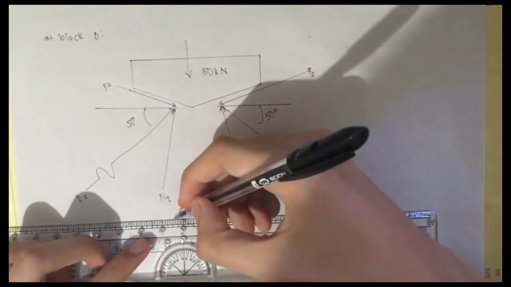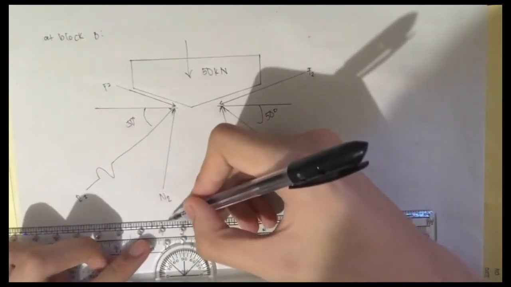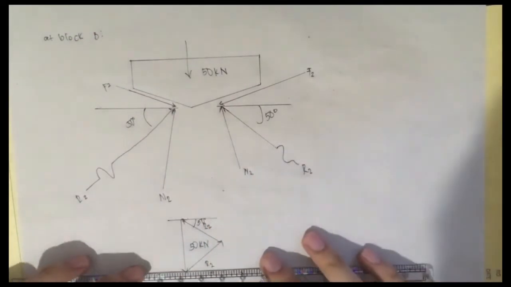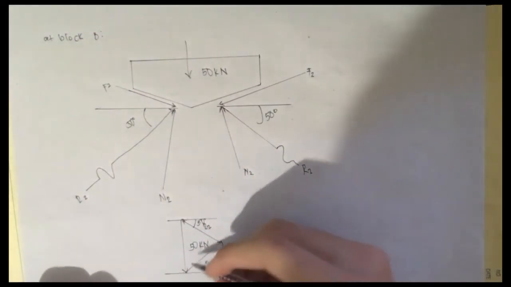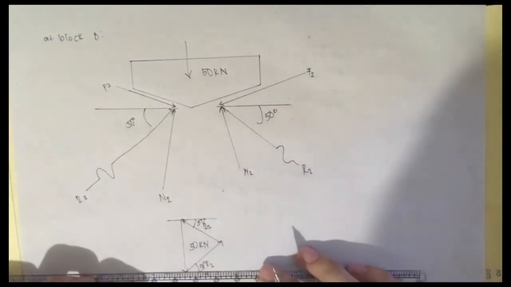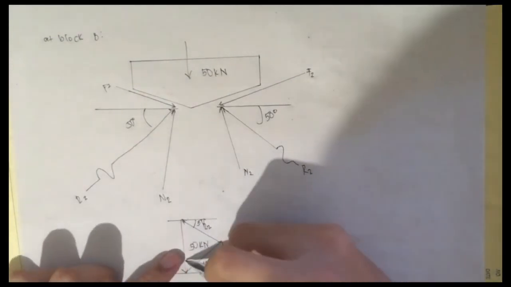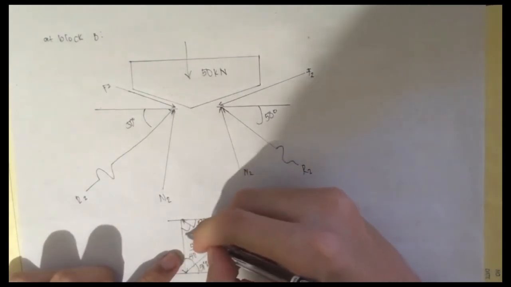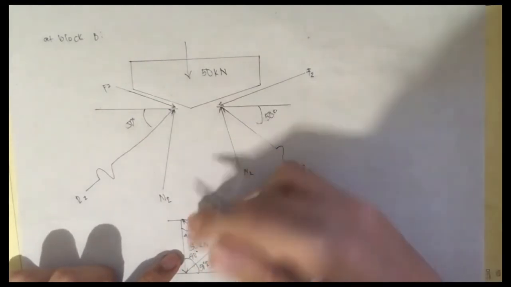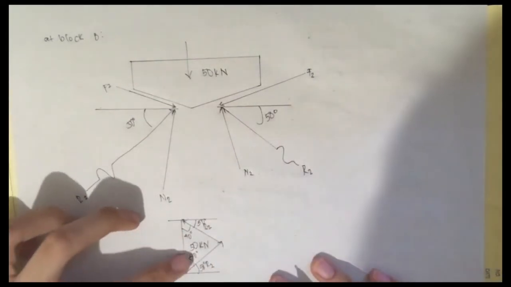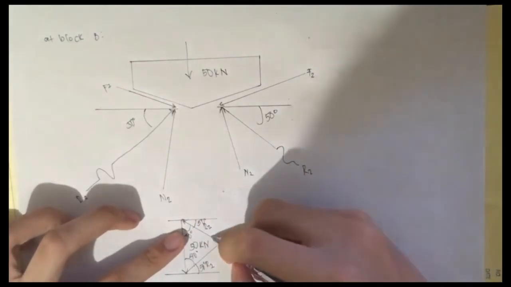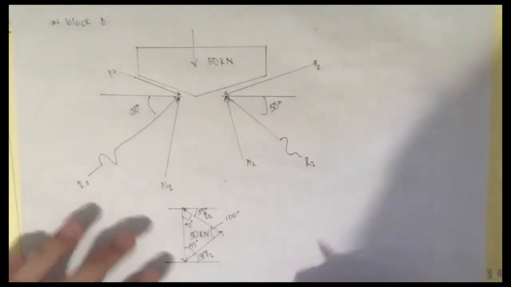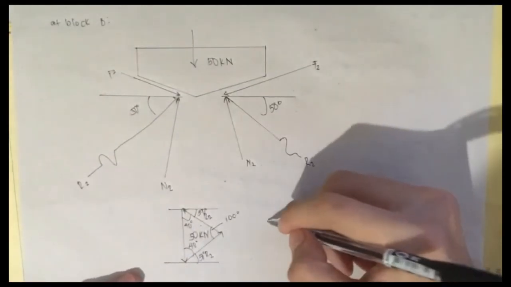The angle on the horizontal will be 50 degrees on both sides, and the angle here is 40, same on the other side, 40. And now to complete the triangle, 40 plus 40 is 80, so this will be 100 degrees.